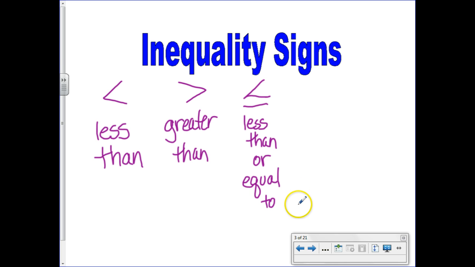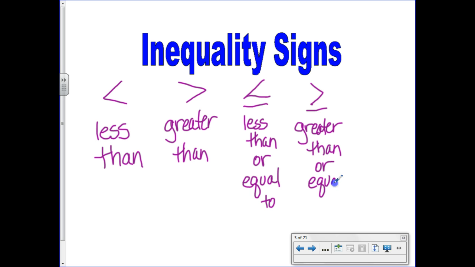Either case, it does not have to satisfy both of them at the same time. And likewise, you have the same situation with greater than or equal to. Obviously it can't satisfy both things at the same time. That's why we use the word or. So you have less than, greater than, less than or equal to, greater than or equal to.